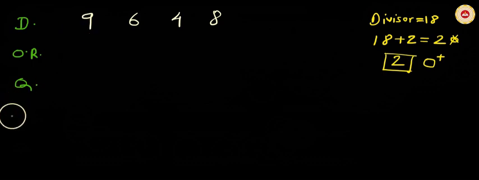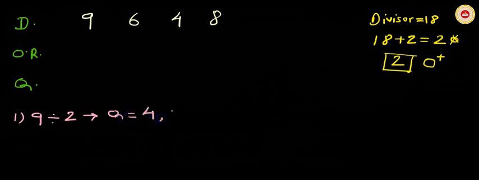So step number 1. Consider the first digit, the leftmost digit, which is 9. Divide this 9 by the positive osculator 2. You get quotient, 2 4s are 8. Quotient is 4 and remainder is 1.